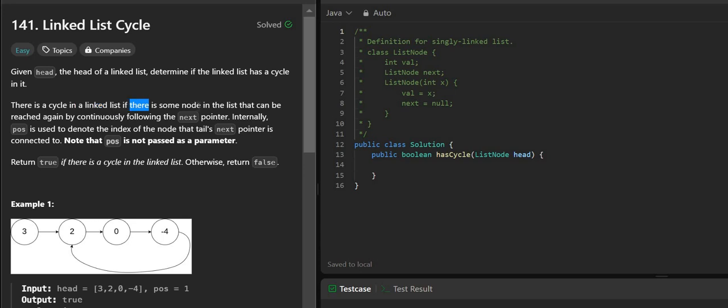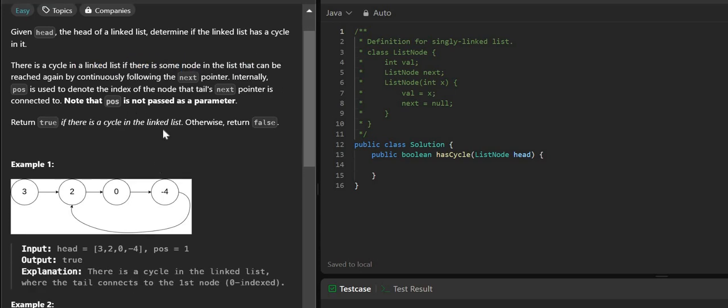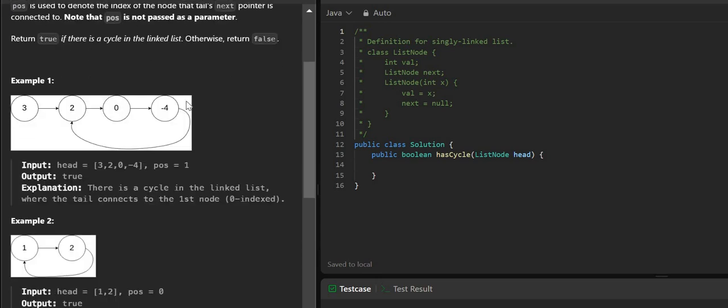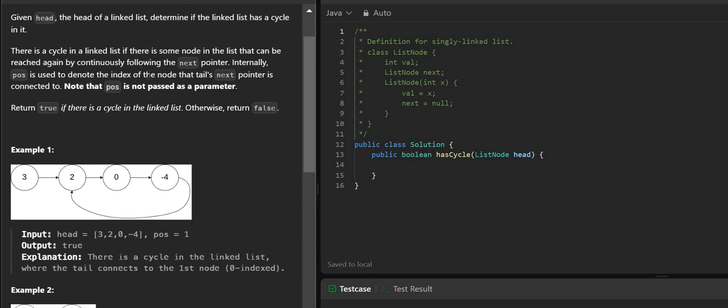If there is a cycle in the linked list, you want to return true. If there is no cycle in the linked list, there is no loop. A cycle exists if some node in the list can be reached again continuously by following the next pointer. This is the definition of the loop.